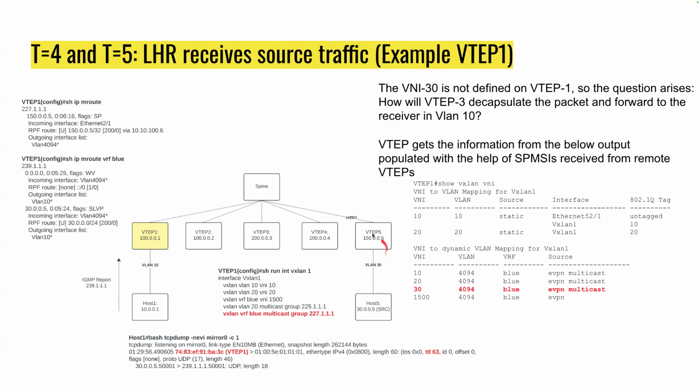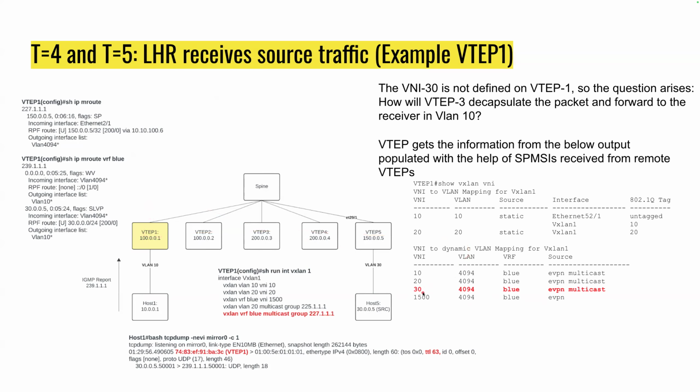With the SMET and IMET routes that are received from VTEP 5 initially, it has already created this mapping. So now any traffic which is coming in VNI 30 would understand that it is part of this dynamic VLAN 4094.